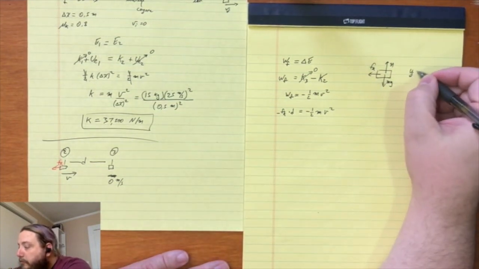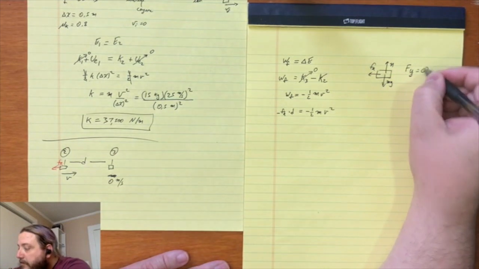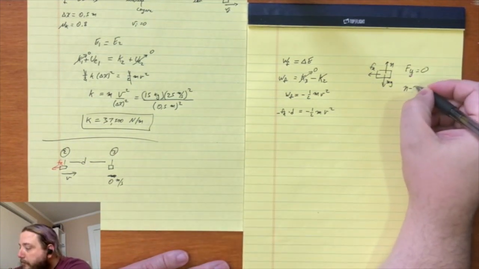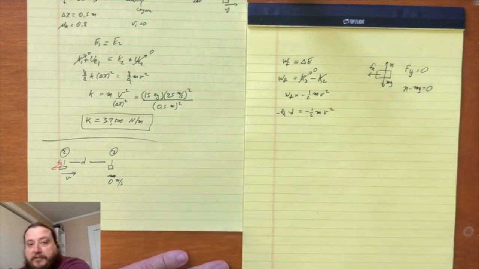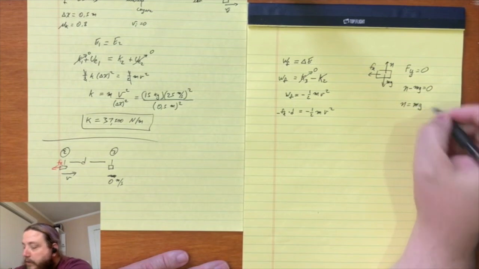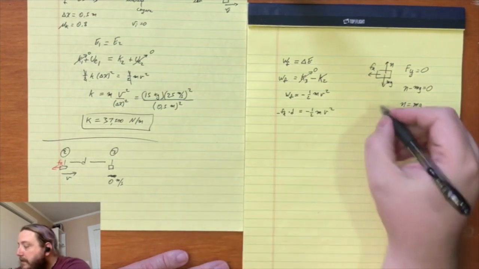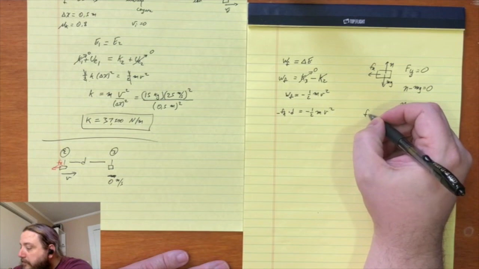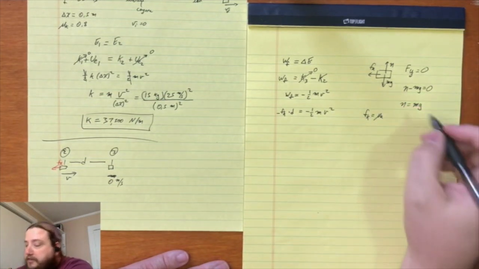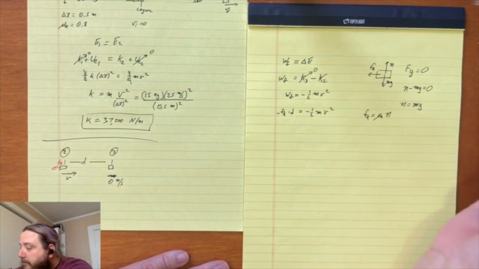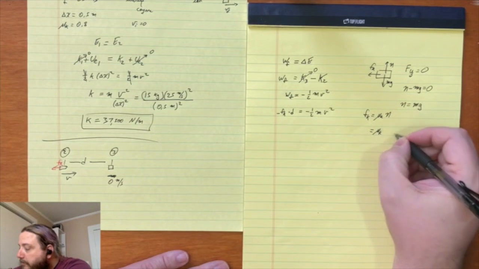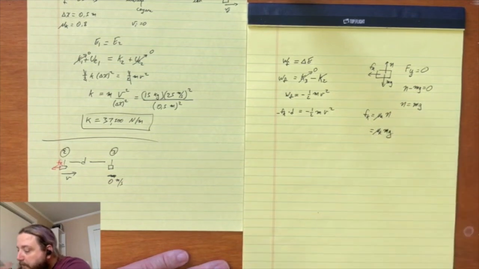The sum of vertical forces is going to be 0, and in this case that says that the normal force minus mg is 0, or that the magnitude of the normal force is just the weight of our Coyote. And the strength of the friction force is our friction coefficient times the magnitude of the normal force. So in this case, that's our friction coefficient times mg.